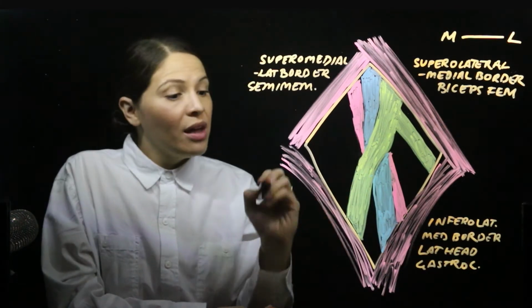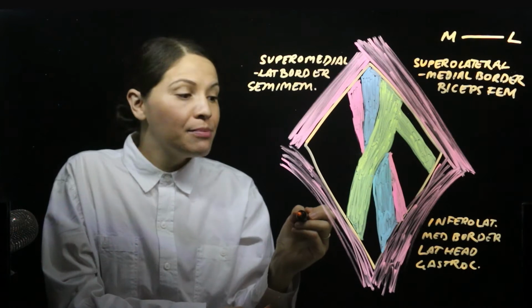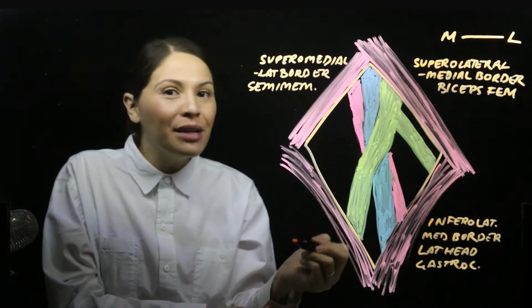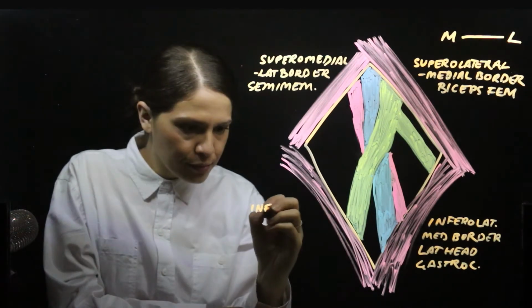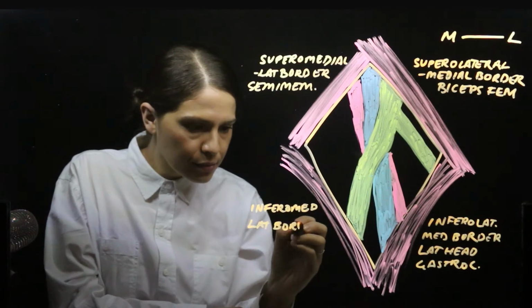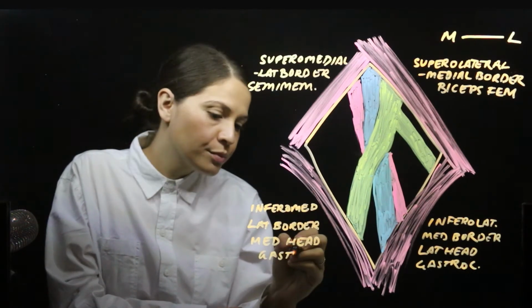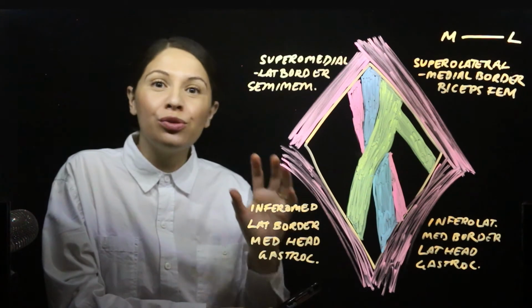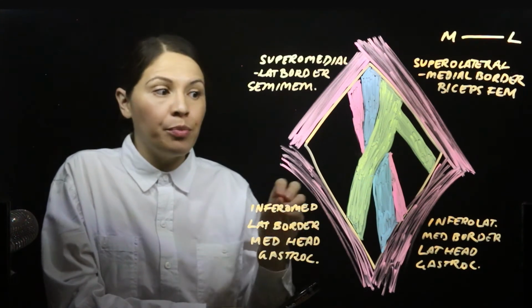And lastly, the inferomedial boundary is made up by the lateral border of the medial head of gastrocnemius. Okay, so these were the superficial boundaries of the popliteal fossa.